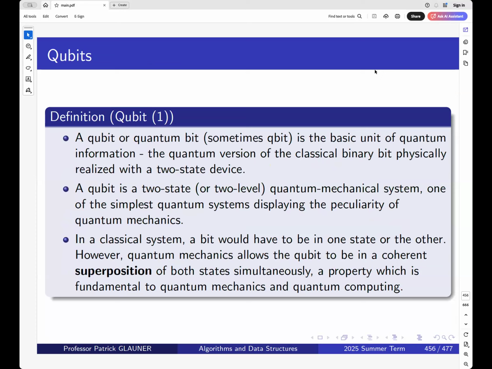Now, the fundamental unit in a quantum computer is a so-called qubit. As you remember from your introduction to computer science, in a traditional computer, we have bits, and the bit is either 0 or 1. A quantum bit, or qubit, sometimes written as a Q and a bit, is the fundamental unit in a quantum computer.